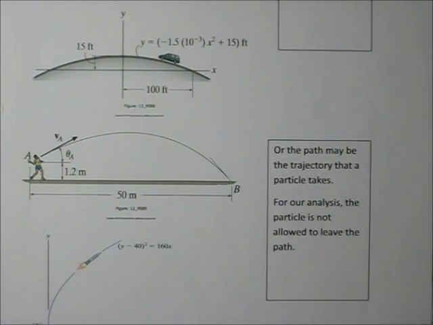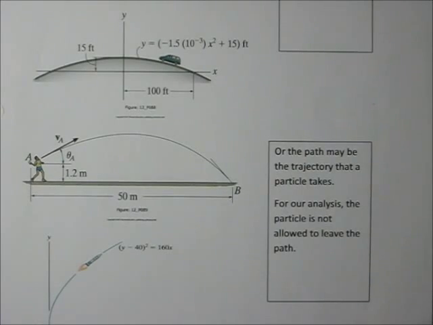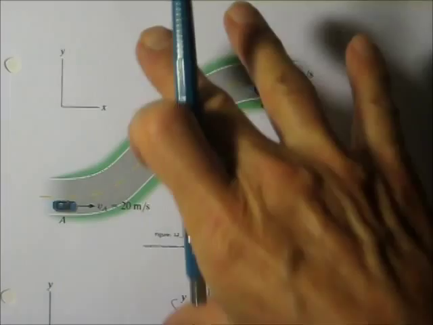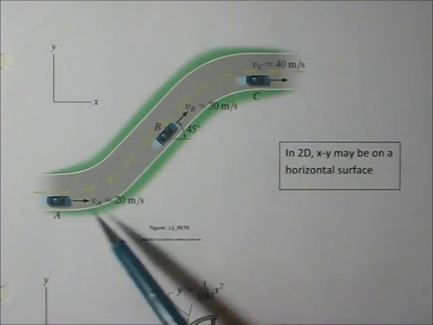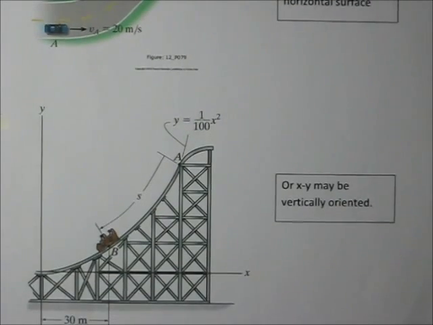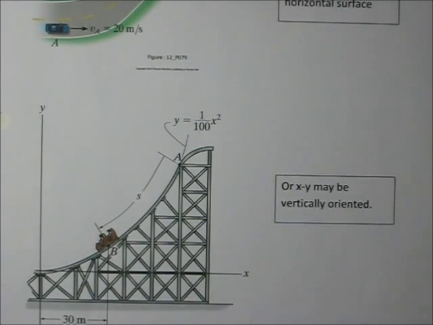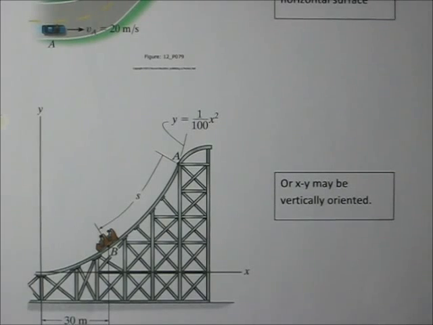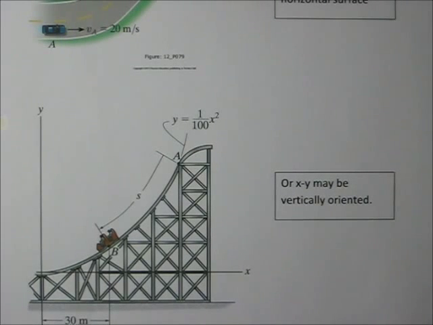So several kinds of paths can be described. It can be a flat path, meaning you could be looking straight down on it, and the xy coordinate system could be in the horizontal plane, or it could be in the vertical plane, like this roller coaster. So there are several kinds of paths that can be defined, but in all cases, we'll have an x and a y with a fixed origin that we'll be using to analyze and take derivatives and to find x dot, or to find y dot and y double dot.